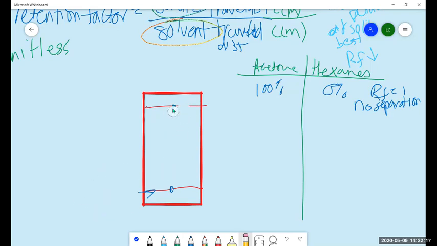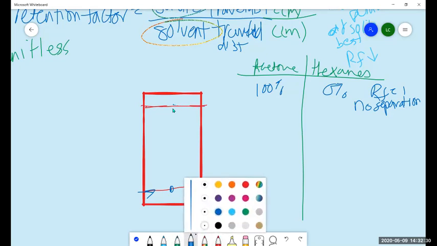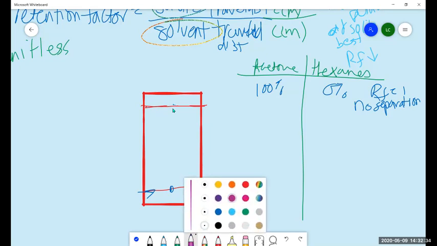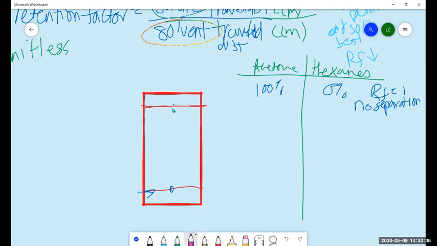Okay, so we repeated this, and this time you had 0% acetone and 100% hexanes. What happened here is nothing eluted because it's 100% hexane.